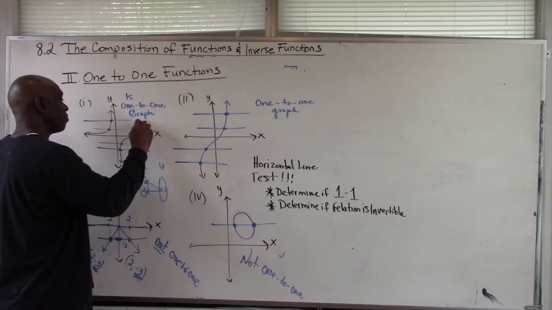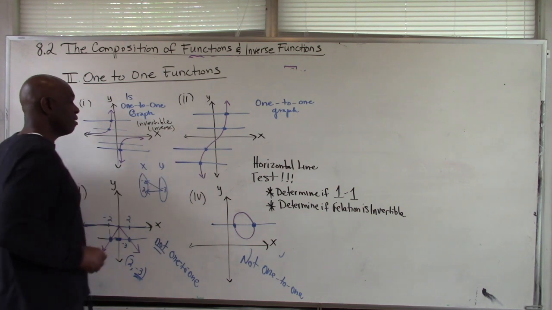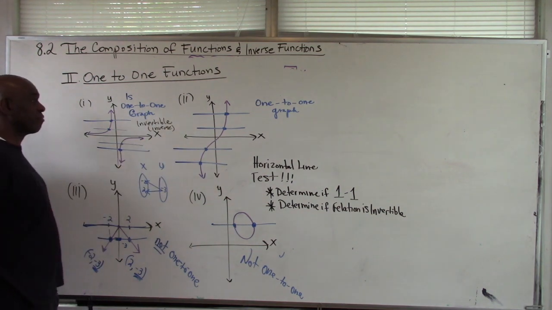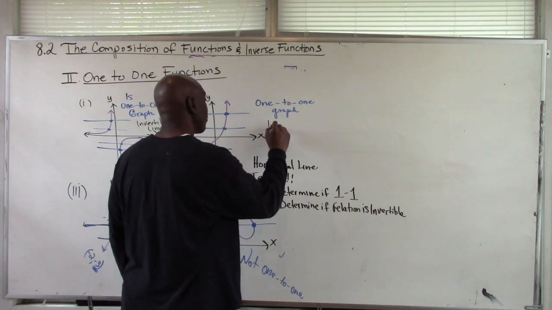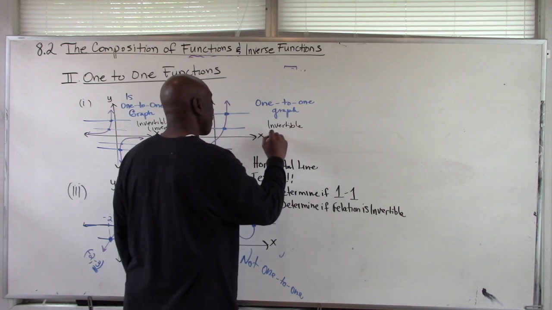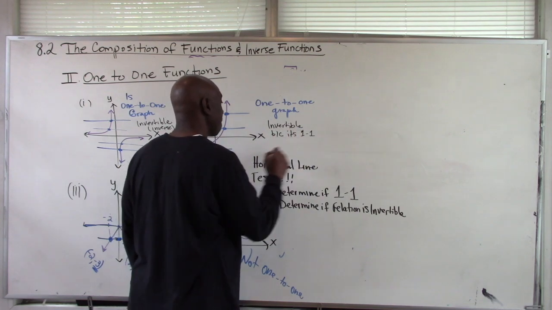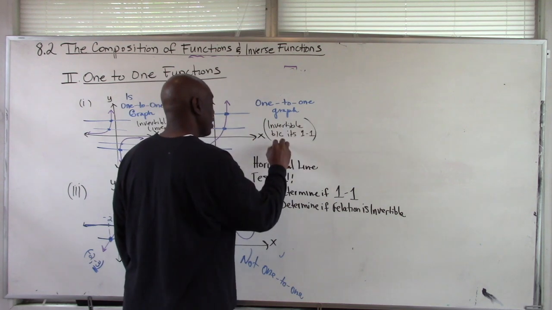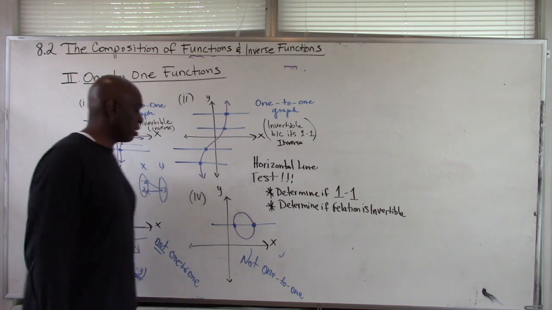This is invertible. In other words, it has an inverse because it's 1 to 1. This graph has an inverse because it's 1 to 1. So it does have an inverse because it's 1 to 1.